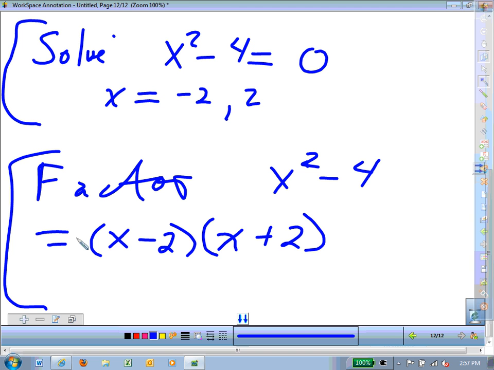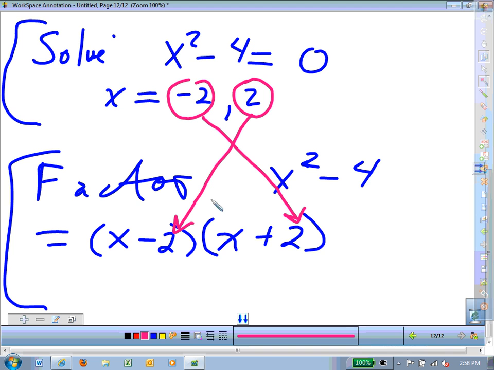About the same thing there, isn't it? Really, if I do one, I've done the other. If I factor this, then I can find the solution, right? It's the opposite sign of that.